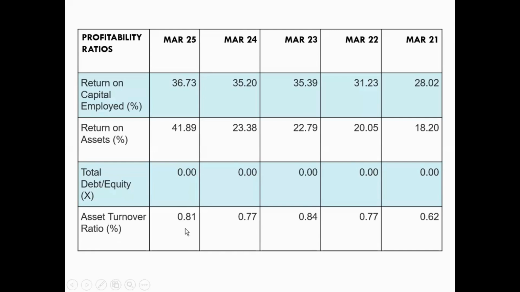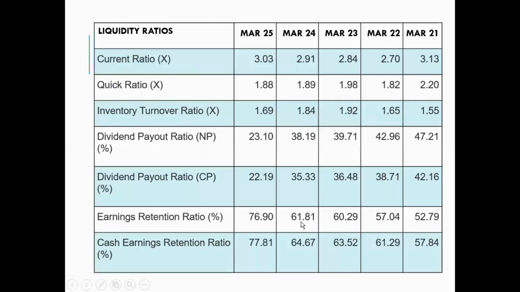Asset turnover ratio is 0.81, 0.77, 0.84, 0.77, and 0.62. These are the liquidity ratios of ITC Limited. Current ratios are 3.03, 2.91, 2.84, 2.07, and 3.13.